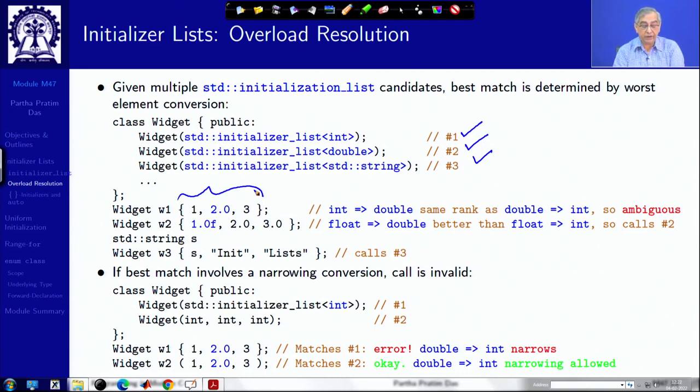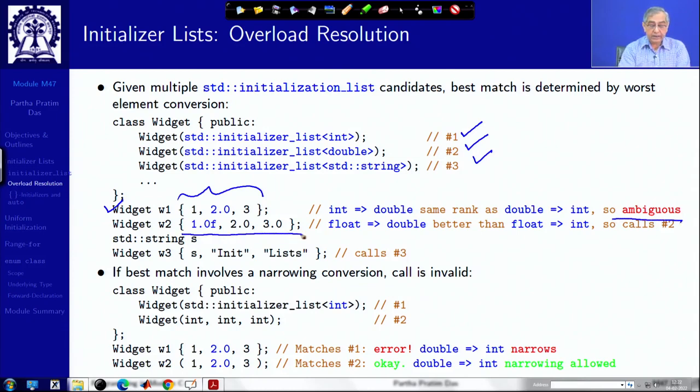One is to convert 2.0 to 2 and call the first one, or it can convert 1 and 3 to 1.0 and 3.0 and call 2. So, it is either int to double conversion or double to int conversion. Both of these conversions have the same rank. Remember the overload resolution strategy we had. So, this kind of construction will be ambiguous, it will not compile.